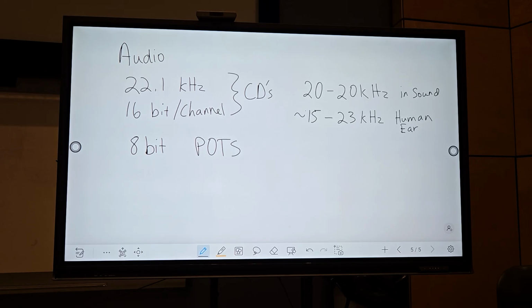Lots of numbers to remember, and of course, you have data compression algorithms that reduce the file size and all that sort of thing.